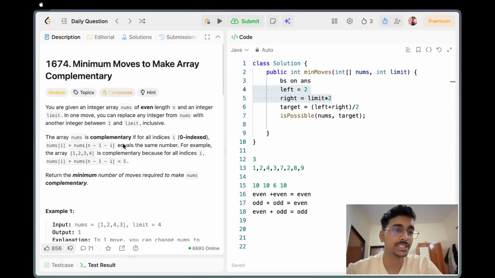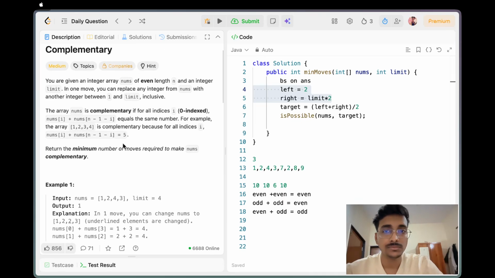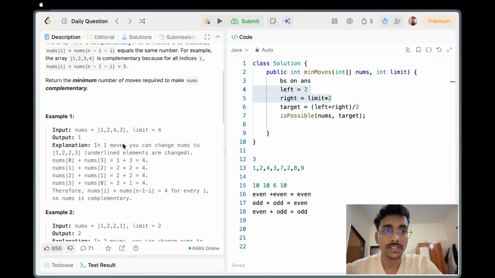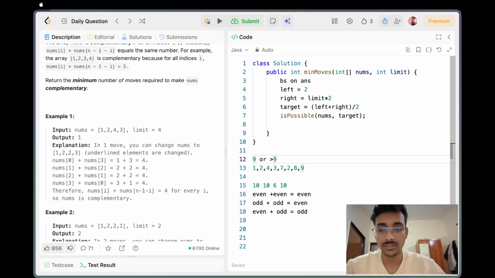That could be a bit tricky, but this is better. So I cannot say that the limit is less than 9. In this case, it could be 9 or greater than 9, or greater than or equal to 9, whatever.